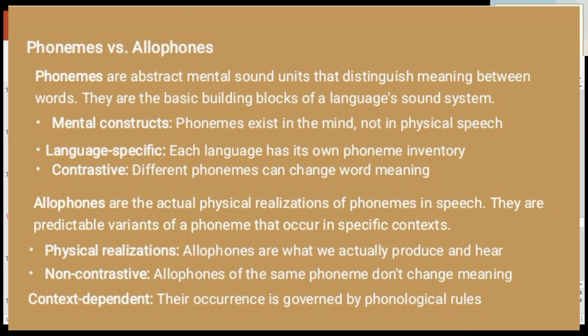They are what you produce, and what the hearer actually hears. When you do phonetic transcription, what you use are the allophones, using diacritics to capture the exact quality of the sounds. And of course, you enclose them in square brackets.